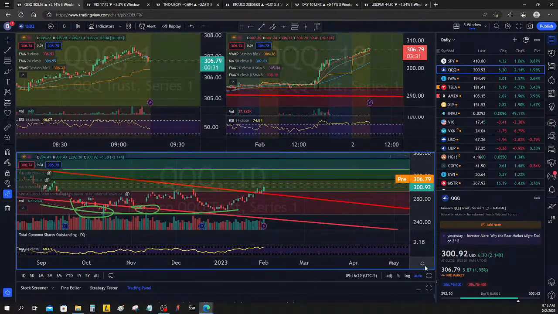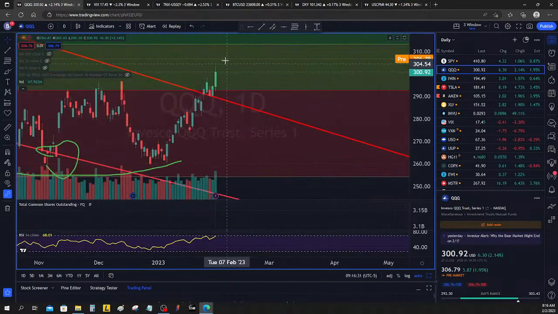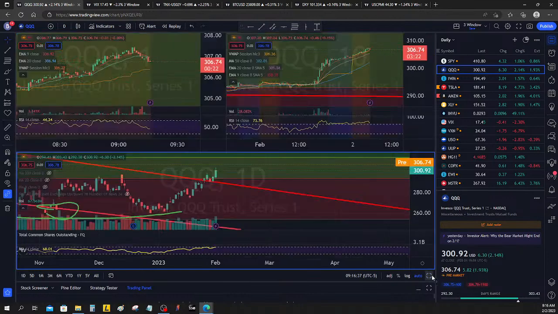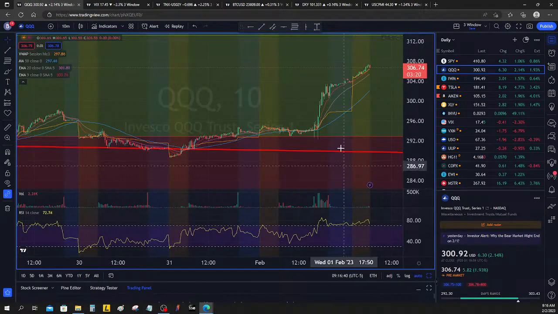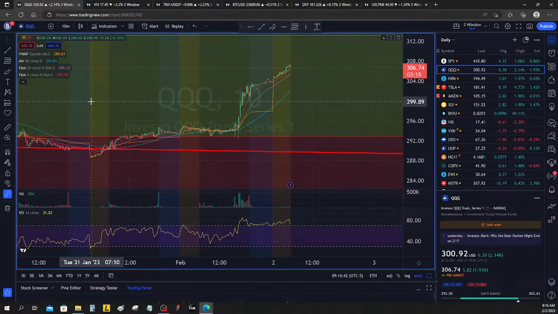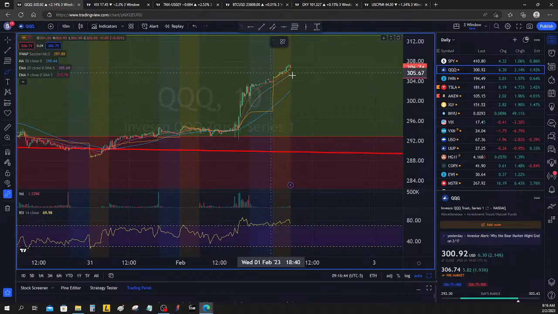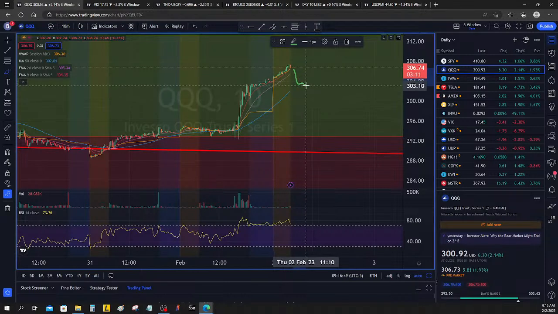So it is possible this morning, since it's gapping up 2%, that at the opening hours we get some profit taking, find some support down near yesterday's close, and then pop back up again.